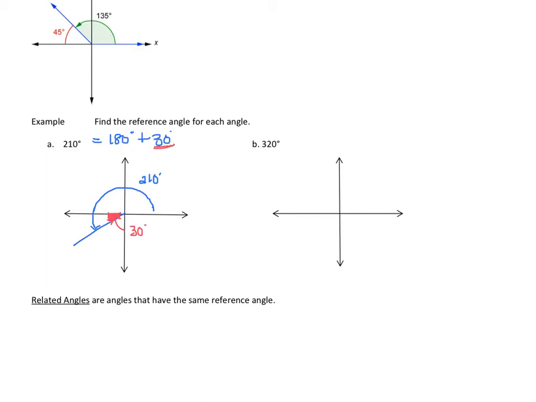Now, 320 degrees, if I was to mark that one on the Cartesian plane, 320 degrees is just 40 degrees shy of 360. So if we think of it that way, it means that I would want to rotate all the way around, but stop when I get to 40 degrees before 360.